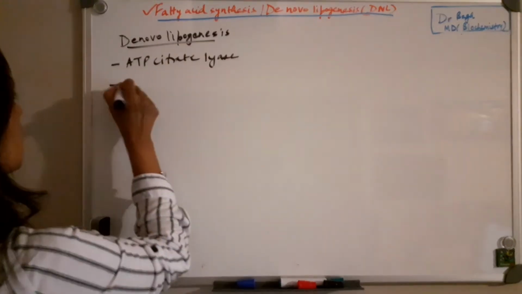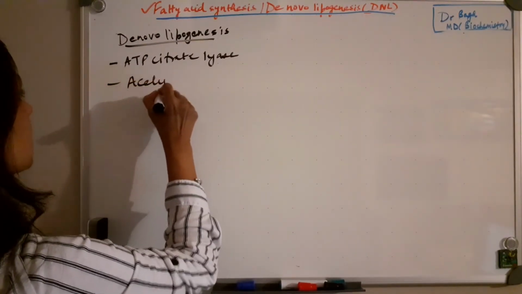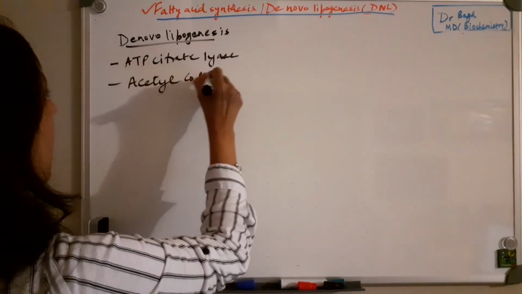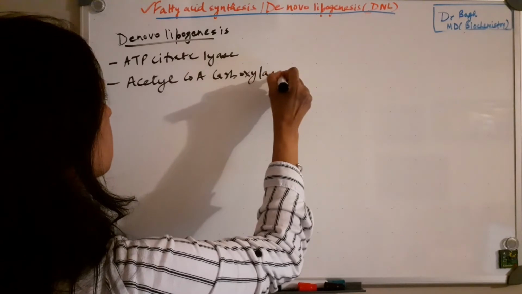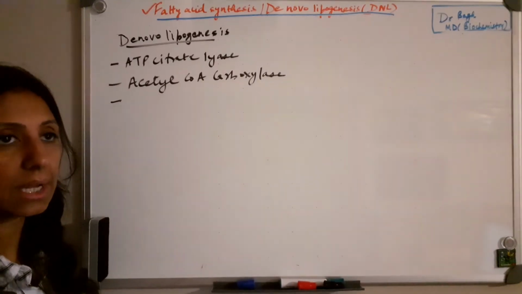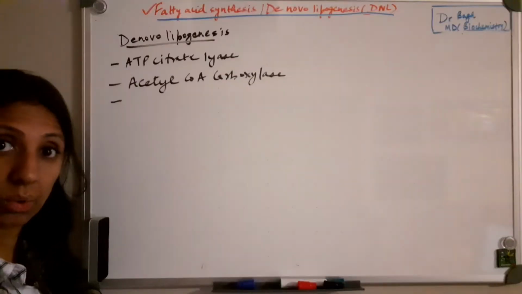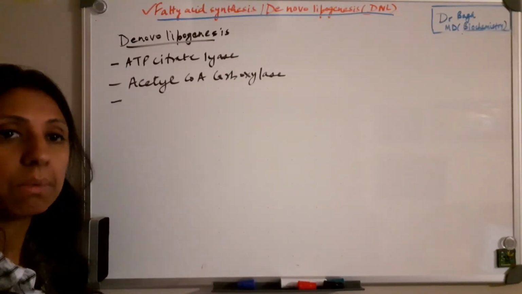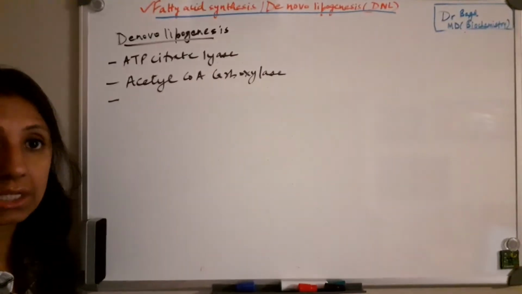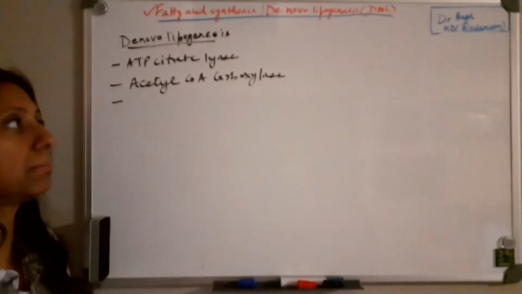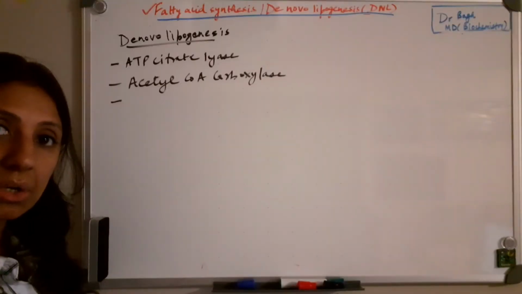What's next is acetyl-CoA carboxylase, also known as ACC. Just a note, as I told you, acetyl-CoA carboxylase is part of the ABC group of enzymes. I'm just enlisting quickly the other ABC group enzymes, which are pyruvate carboxylase for gluconeogenesis and propionyl-CoA carboxylase for amino acid metabolism. So you should know all the ABC group of enzymes.